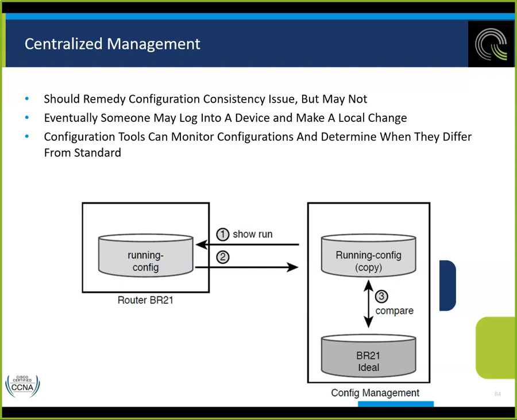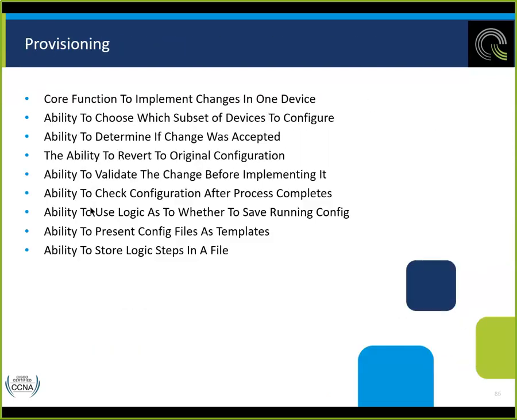Eventually somebody's going to log into the device and make a change locally, and that's always going to happen. And that's where the comparison comes in. The configuration tool can monitor the configurations and determine whether they differ from the standard, doing a comparison of one to the other.